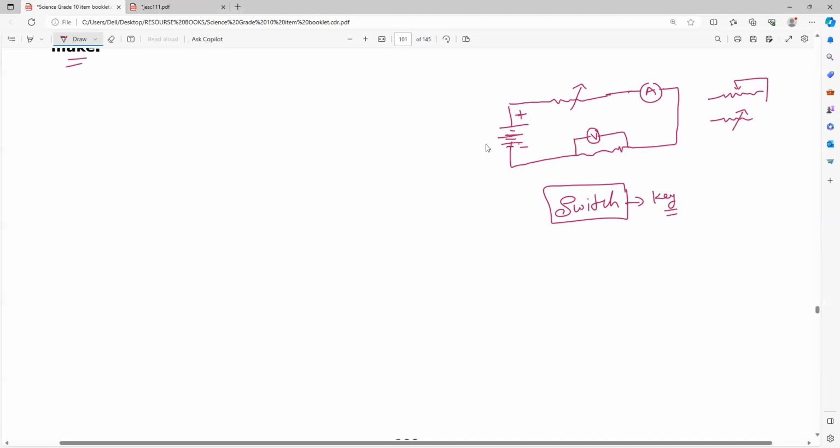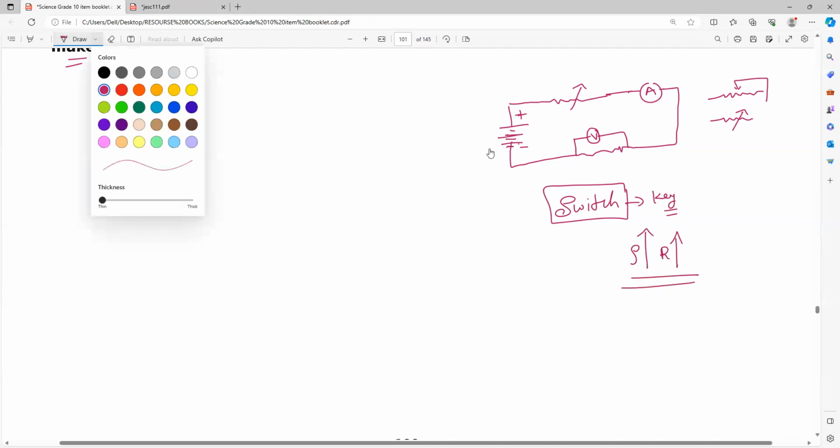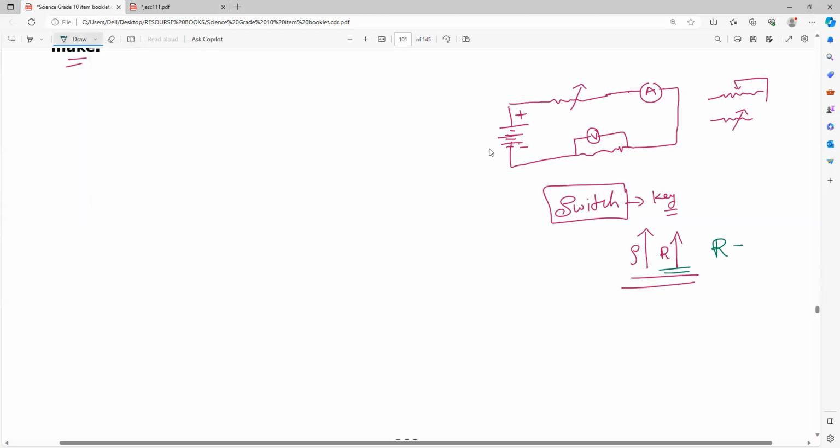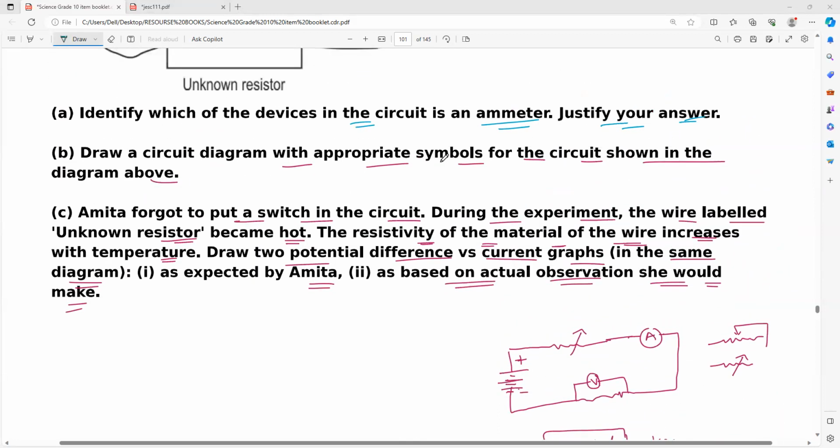So she forgot to put the switch, so the resistivity keeps on increasing. We all know that resistivity increases automatically. What will increase? Anyone? Resistance. Yes, resistance also increases because resistance equals resistivity into L by A. So both are affected by the temperature. If she forgot to put the key, how does the temperature rise? What is the reason behind it?